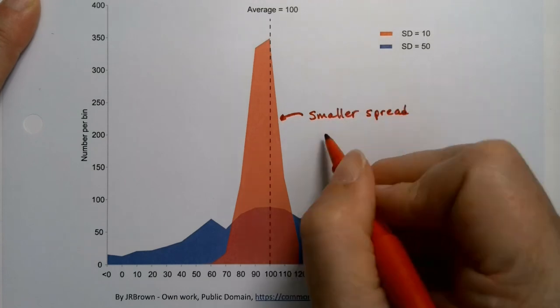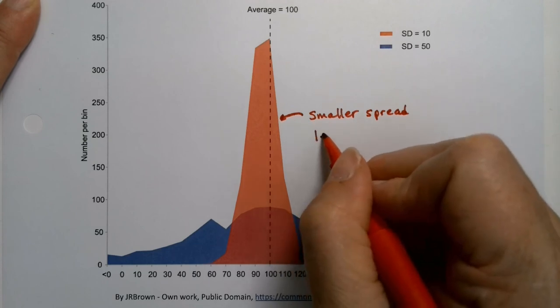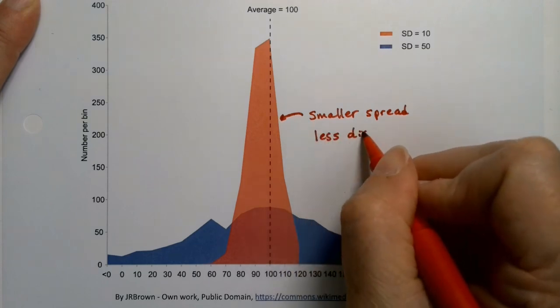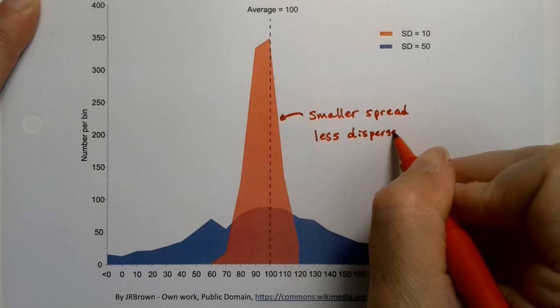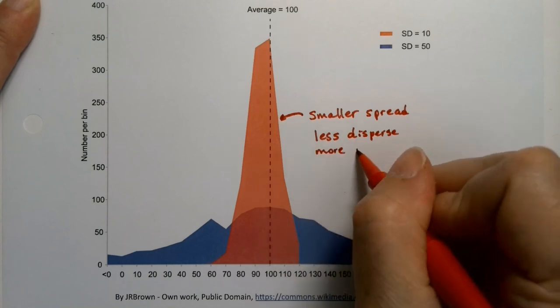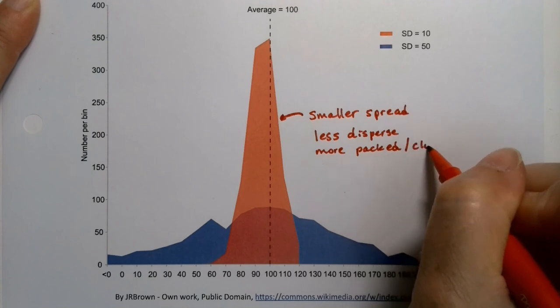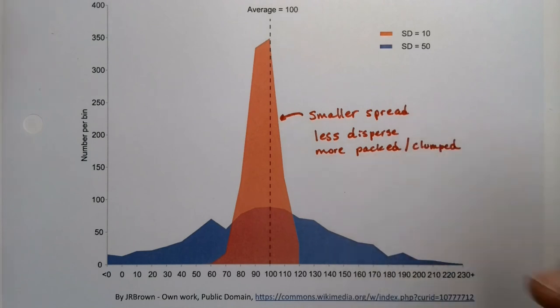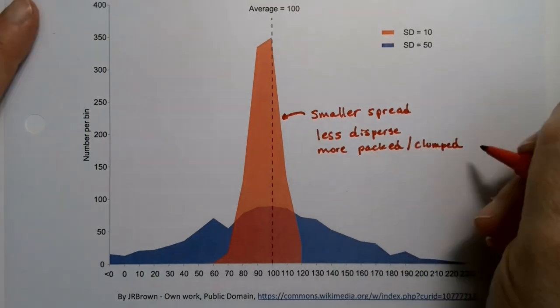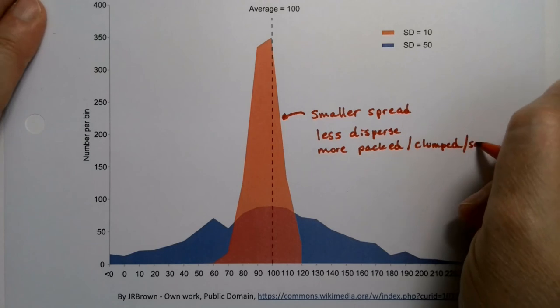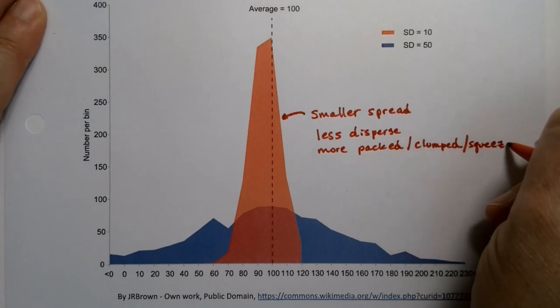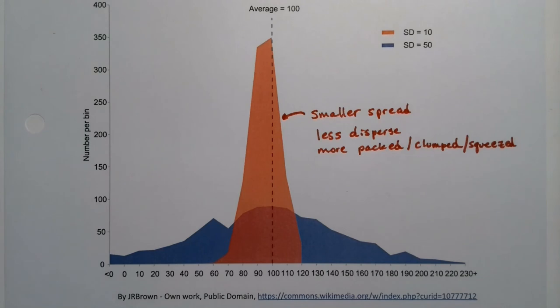It has a small spread to it because it's less dispersed. And it's more packed in, or clumped together, I guess you could say, right? Or squeezed. Oh, there's the word, squeezed. It's more squeezed together. It's less spread out, right?